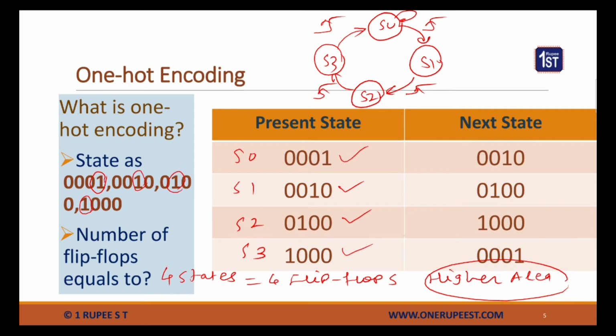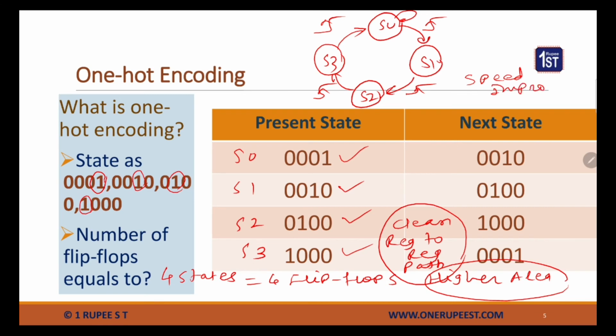But I will get a clean register to register path. So if my goal is to improve the speed of my design, speed improvement, then I can use one hot encoding because only one bit is hot at a time.